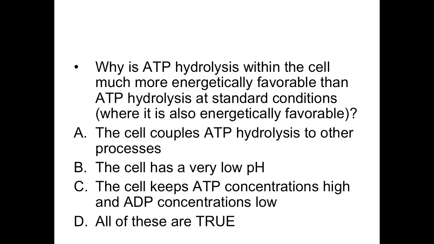Okay. So think about this one for a minute. I just told you the answer. Right? This is because this cell keeps the ATP concentrations high and the ADP concentrations low.